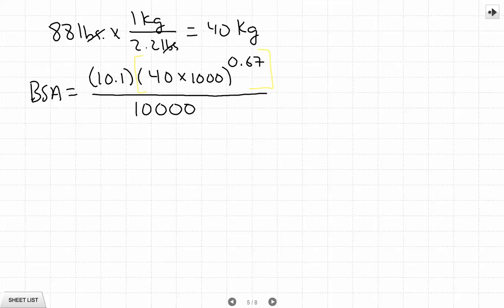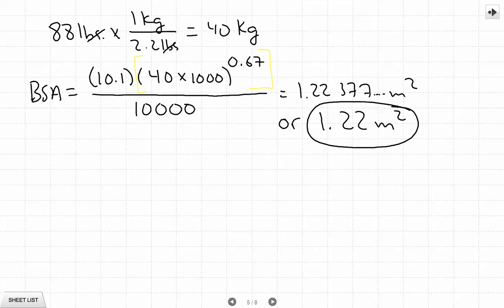So when I put all of that through the ringer here, I come up with 1.22377, et cetera, meters squared, which we will just round to 1.22 meters squared. So that's the body surface area. So practice with that formula and make sure you get the same answer that I did.